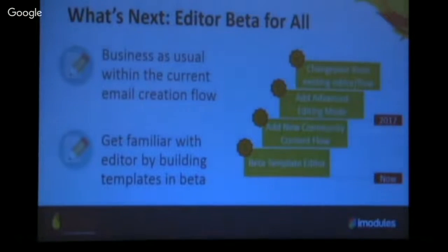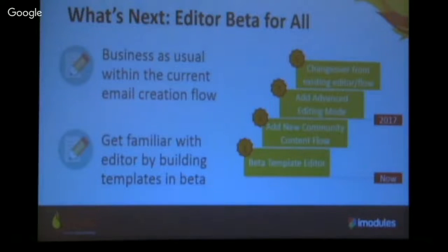So first, we are going to introduce item number 1 at the bottom, something called a beta template editor. In this scenario, we have an abbreviated workflow where you can create templates, use the editor to modify those templates, save them, and also preview them out to yourself. And this will give you an opportunity to gain familiarity with the new tool before we start obstructing your workflow.